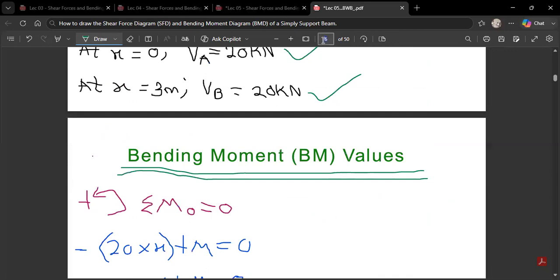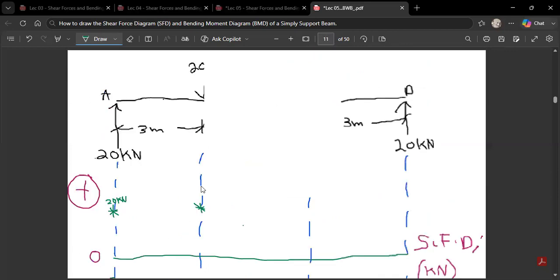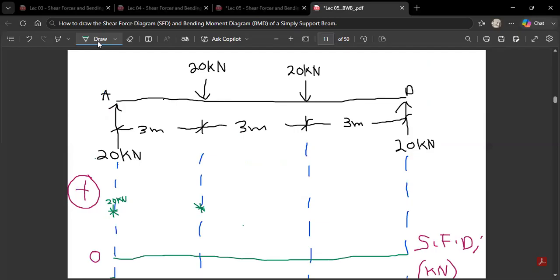So let's go and put it here. So that is it, 20 kilonewton. So this is also 20 kilonewton. Like that. 20 kilonewton. Okay. At C, it was 0.